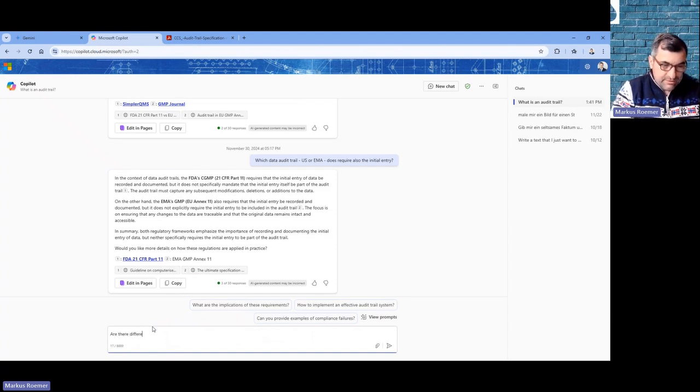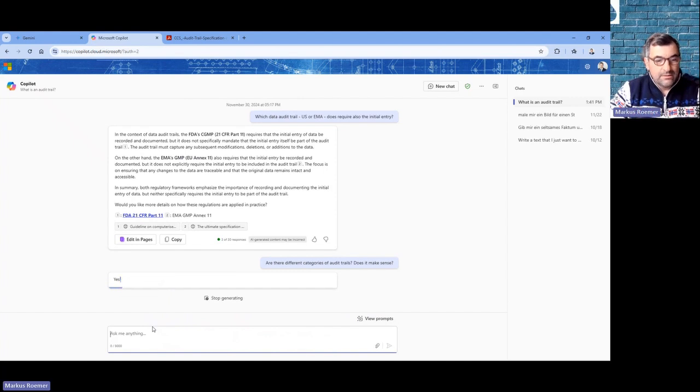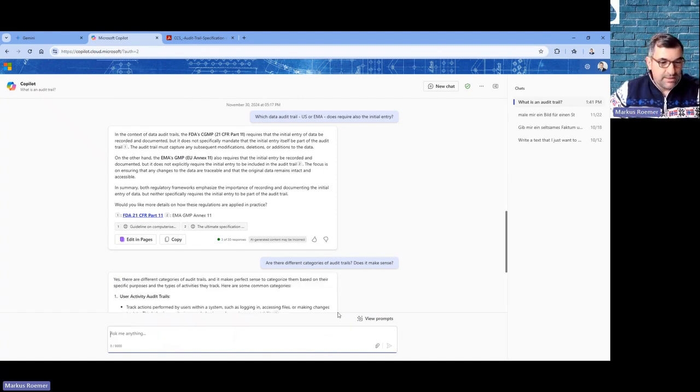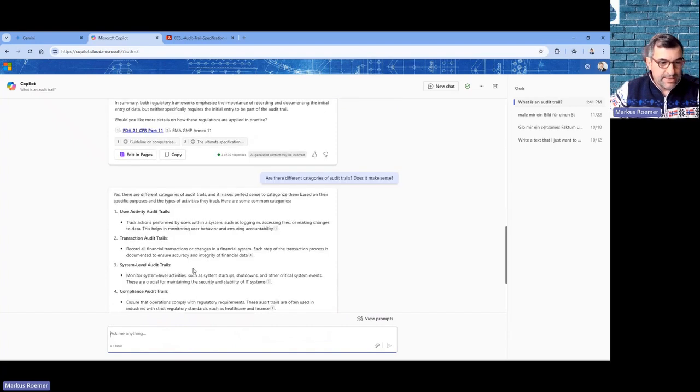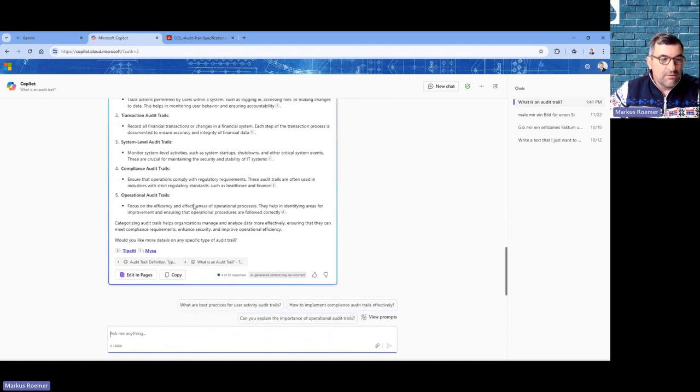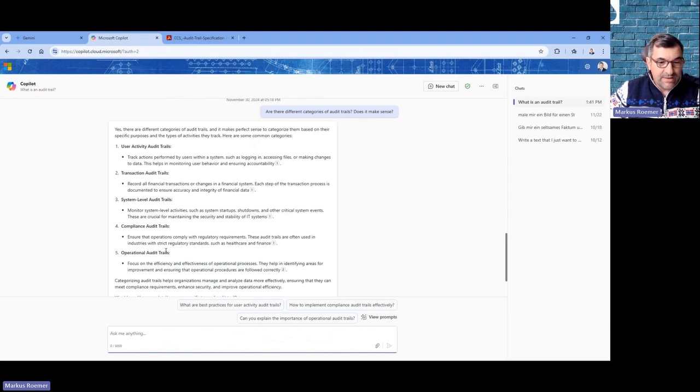Yeah, different categories of audit trails. Does it make sense? Yes, user activity, that's cool. Transaction, system level, okay, it's giving us 5.